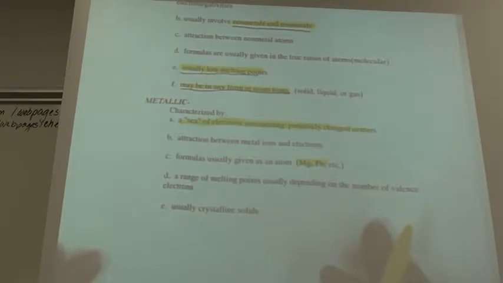The delocalization of these electrons makes them conduct electricity. It's attraction between the metal ions and the electrons. The formula is actually just the way you see it on the periodic table. It has a range of melting points depending on the number of valence electrons, and they are solids.